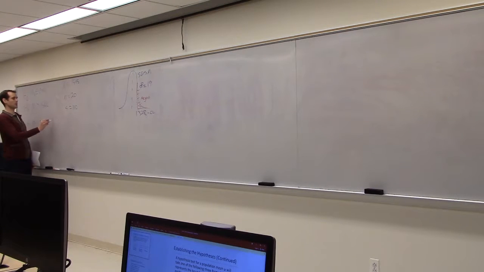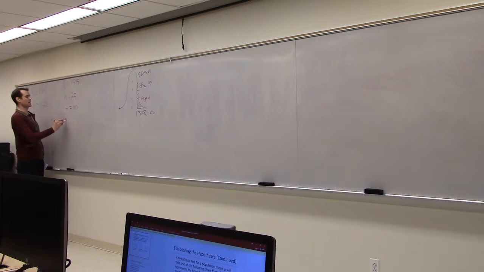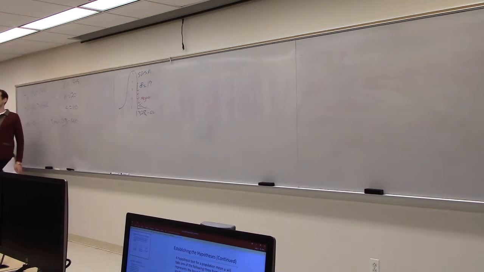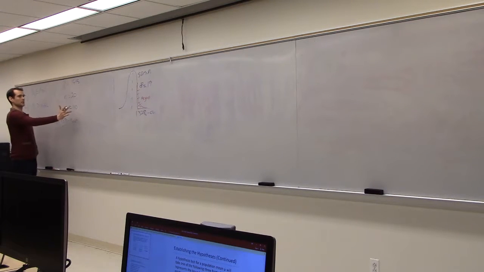So our t stat equals 1598 minus 1560 divided by the standard deviation of our sampling distribution of the sample mean, which is the sample standard deviation, 110, divided by the square root of 20.